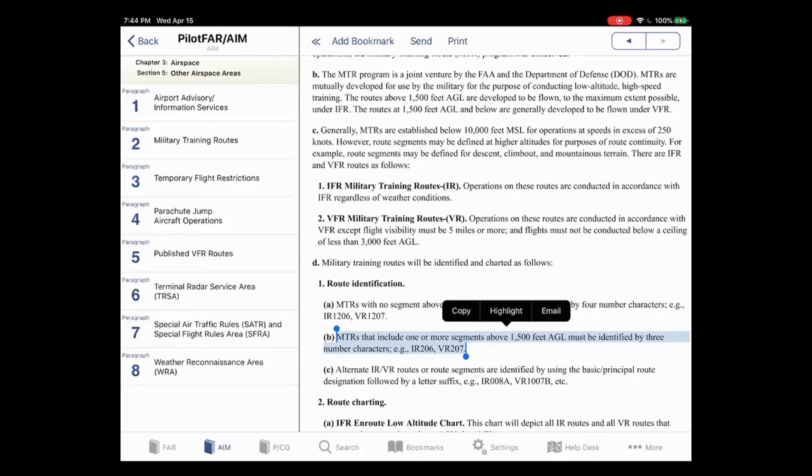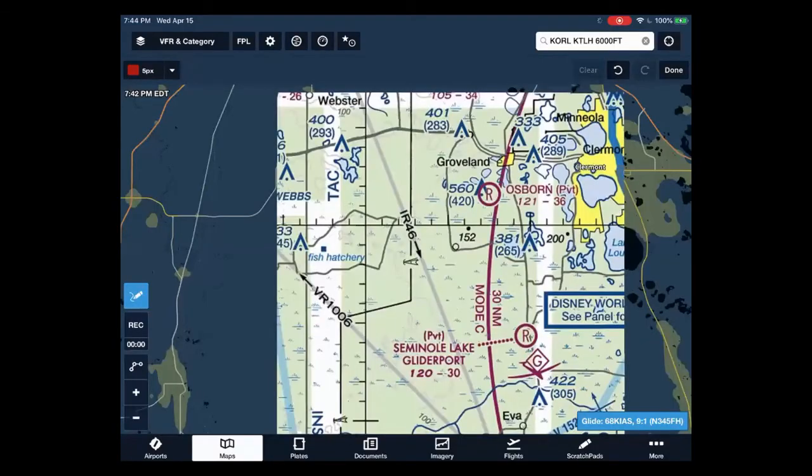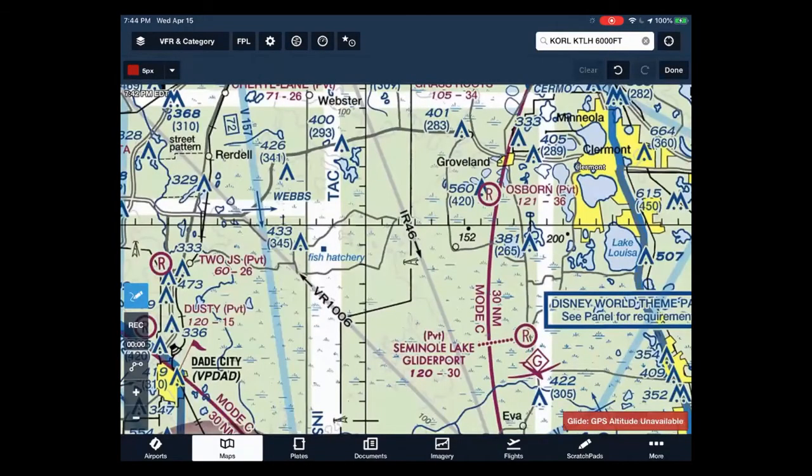Visually on a sectional chart, we don't know. So therefore, the answer is if you're going to cross it, you want to do so perpendicular. Why? Because that brings you across that corridor as rapidly as possible, which reduces the time of exposure in that type of situation. And while you're doing that, you may want to be looking off your left or right window, depending on which direction you're crossing.